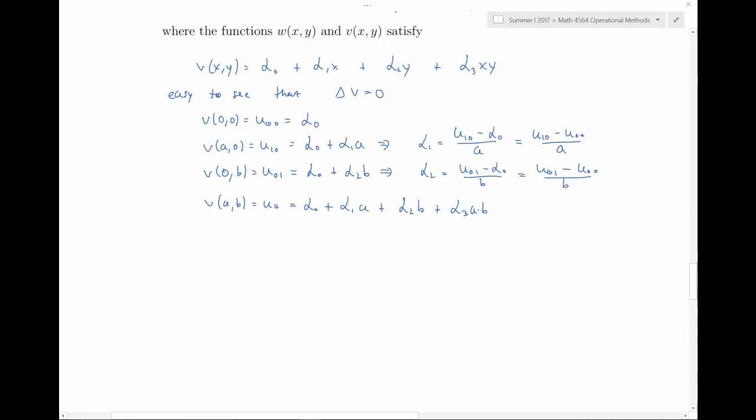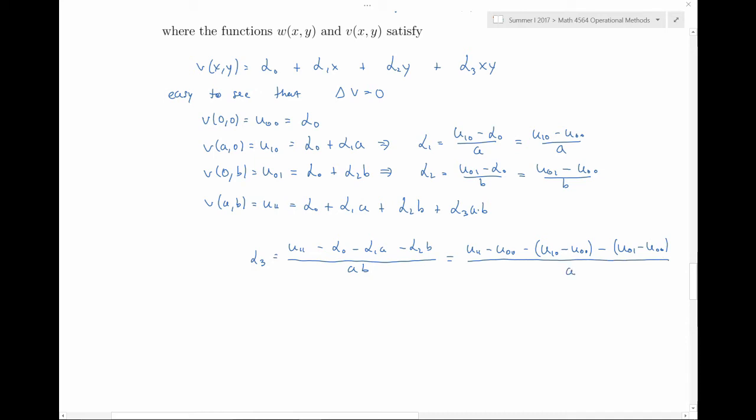Solving this gives us that alpha 3 should be u11 minus alpha naught minus alpha 1 a minus alpha 2 b, divided by ab. Plug in the previous values. Alpha naught is u00. Alpha 1 times a is exactly u10 minus u00. And alpha 2 b is u01 minus u00.